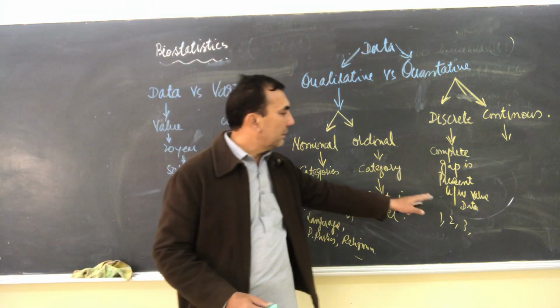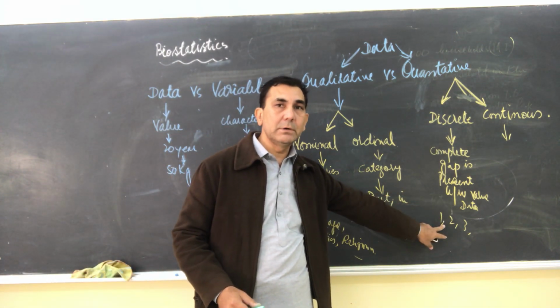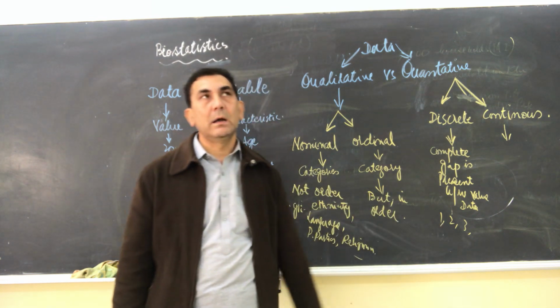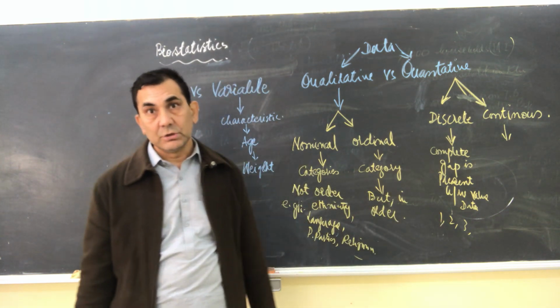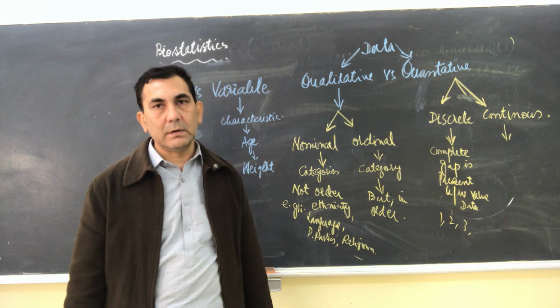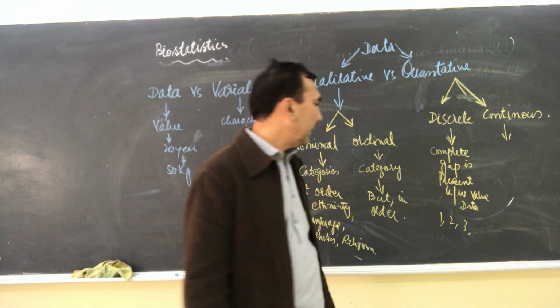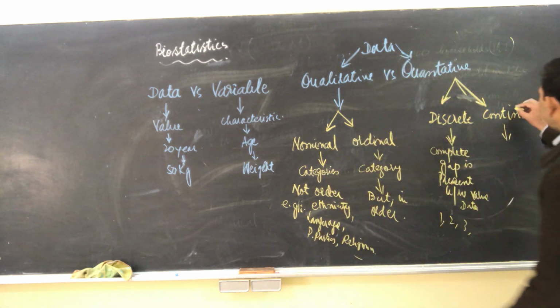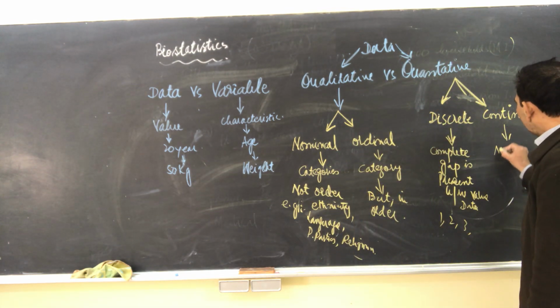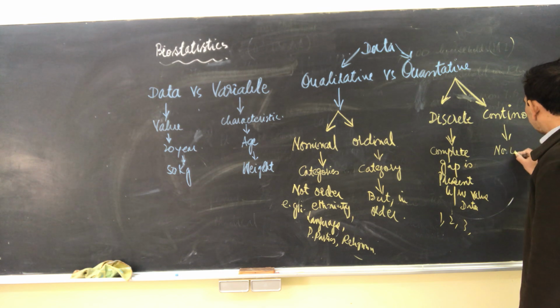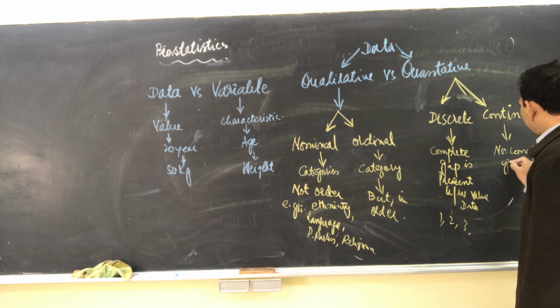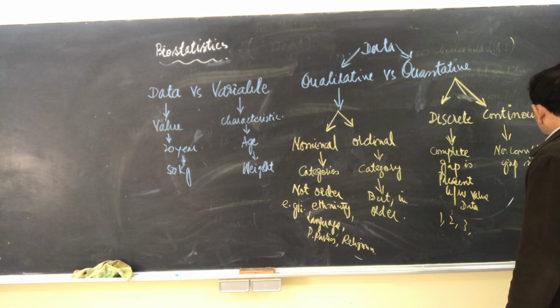So the number of children, number of family members, and the age of a person may be 15 years, 16 years, 17 years. Now in a continuous variable, no complete gap is present between two values.